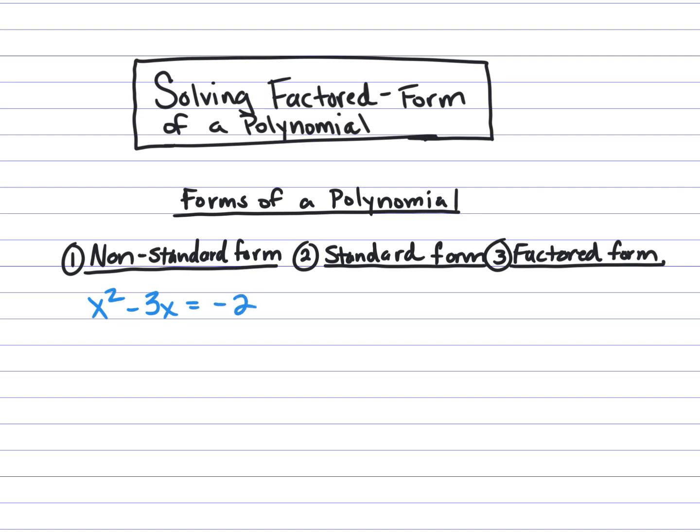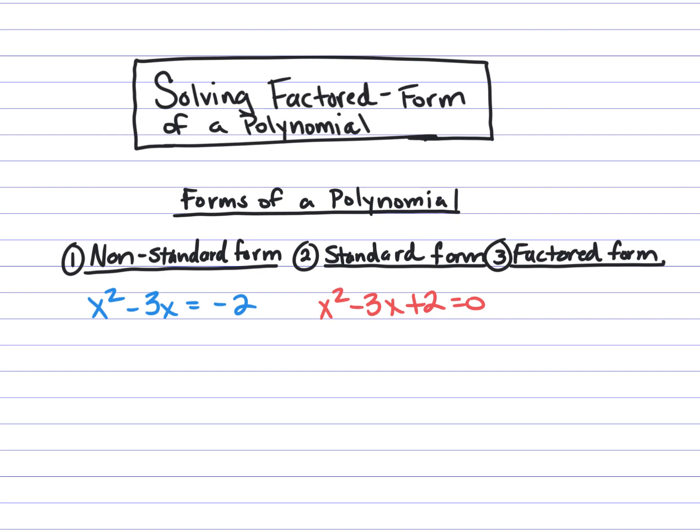Here you can see this isn't in standard form because everything is not on one side of the equation, first of all. We would need to move that 2 over before it could be in standard form. Standard form would be x squared minus 3x plus 2 equals 0.